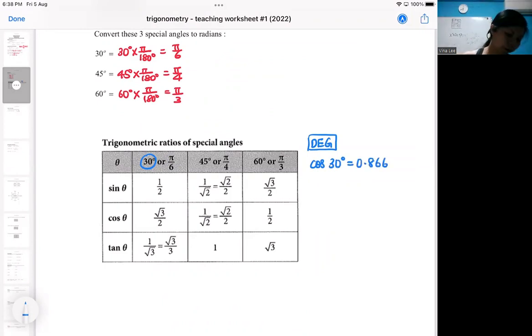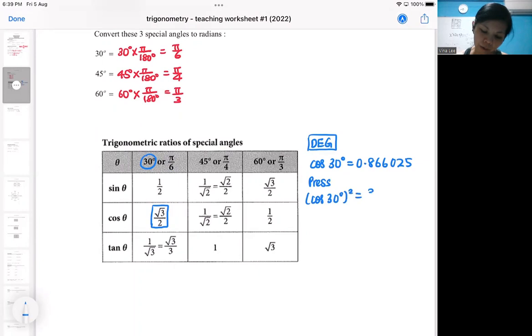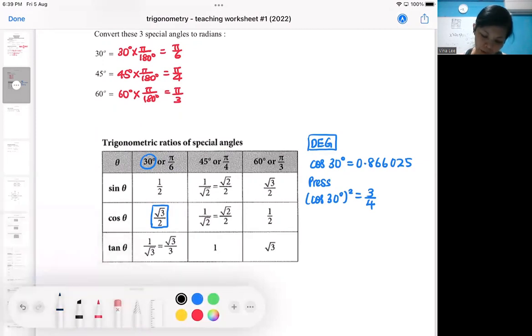You realize it actually gives you a chain of decimals. So how on earth will you know that this chain of decimals is actually √3/2? One way is you memorize. Another way is you press the squaring, and you actually get 3/4.